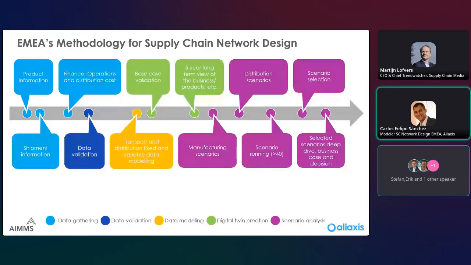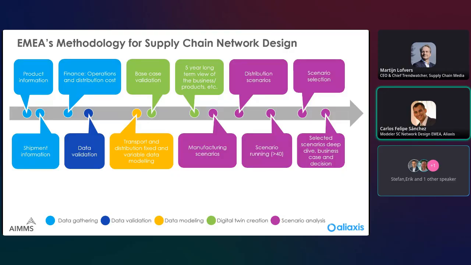Let me start by saying that this is how a normal project looks like when we do it from scratch. So it's pretty much related to the ABCD process that Eric was showing us before. So there are a lot of boxes. The blue boxes are related to getting the data.